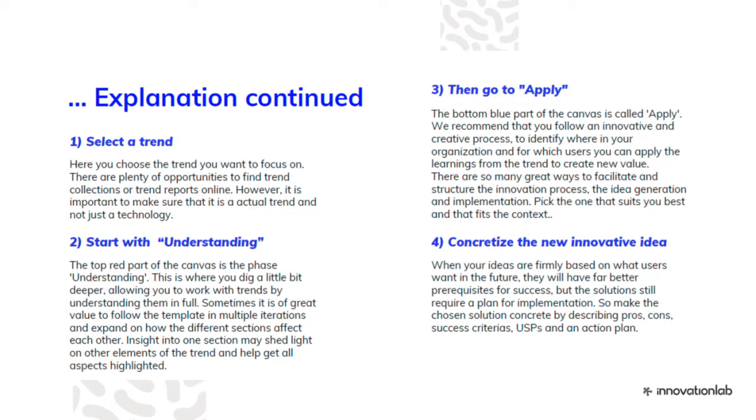Then go to the apply part, the lower part, in order to identify where in your organization and for which users you can use the trend to create new value. Finally, you need to concretize the new innovative idea because it makes implementation so much easier.